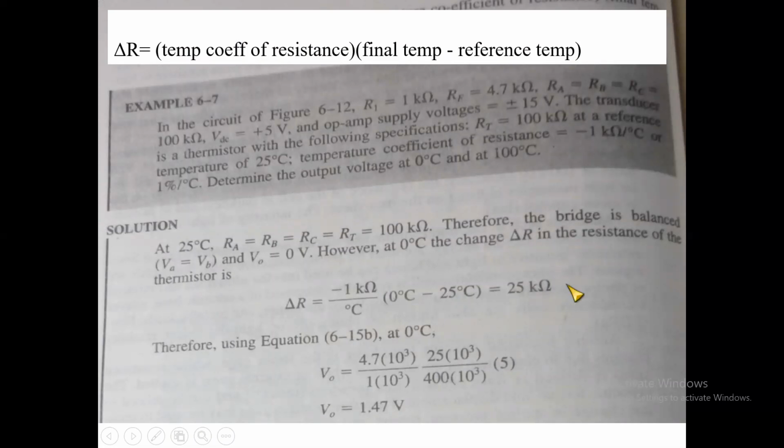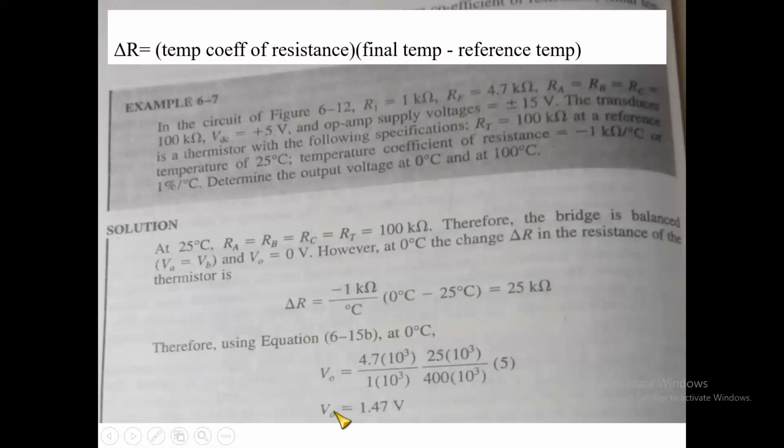RF by R1 is 4.7 by 1 kilo ohm, multiplied by del R, 25 kilo ohms, divided by 4 multiplied by 100 kilo ohms, multiplied by VDC, which is 5 volts.